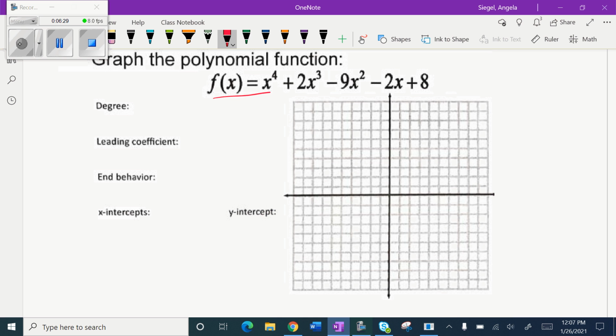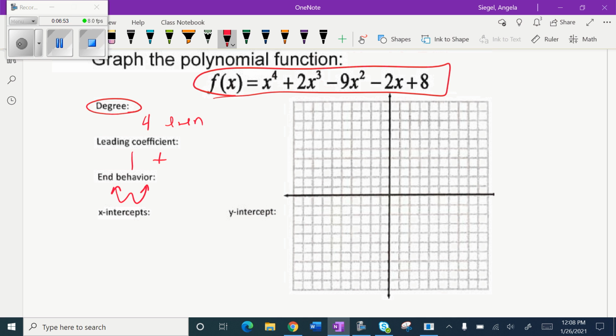So this is our next function, and I'm going to tell you that we're actually going to be able to factor it. I'm going to show you what it looks like in factored form, but we are going to have Desmos help us. Let's go ahead and fill in the degree and the leading coefficient. The degree is 4, the leading coefficient is 1, so I have an even degree and a positive leading coefficient.